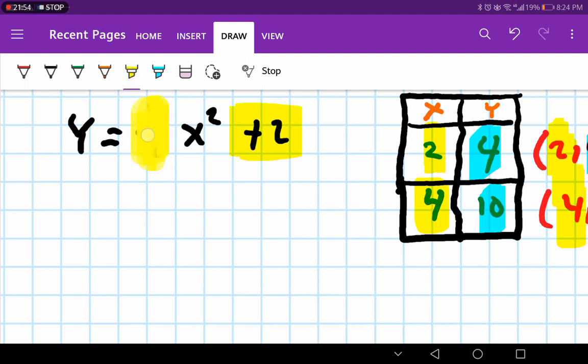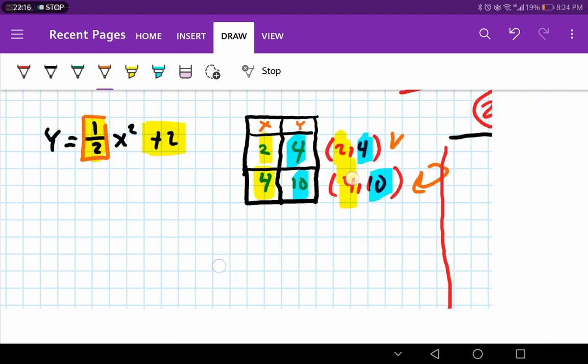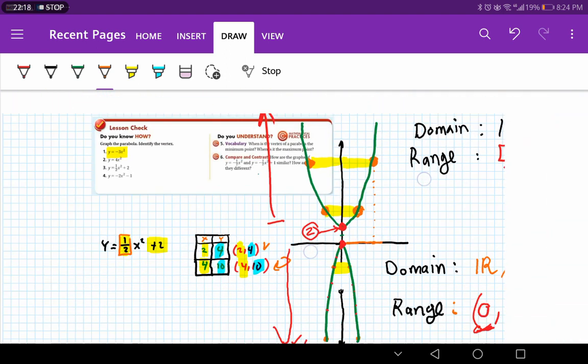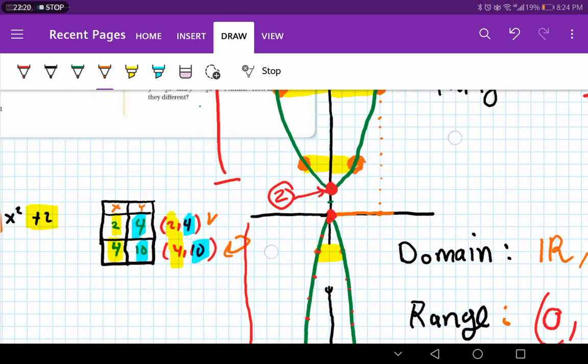You have to know there is a skinny graph, skinny U and fat U. For example, if the coefficient is a fraction, as you see here, it will be a fat graph.